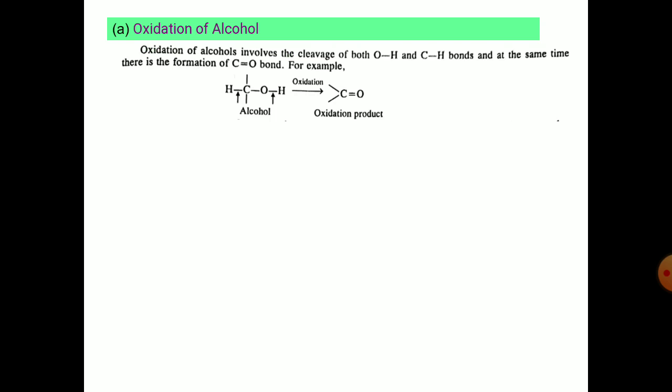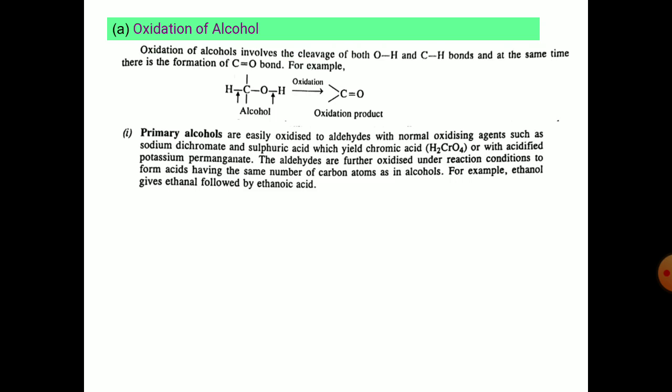For example, here I have given C-H on one side and O-H on the other. The C-H bond will be broken, all of you know that, and the O-H bond will be broken as shown by the arrow marks, and these two combine together to form the C=O group. That means one hydrogen molecule will be removed by this process.